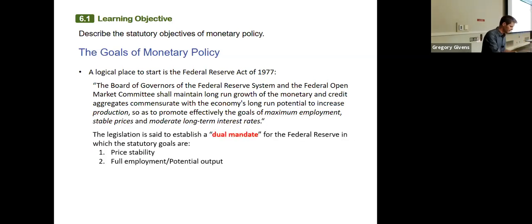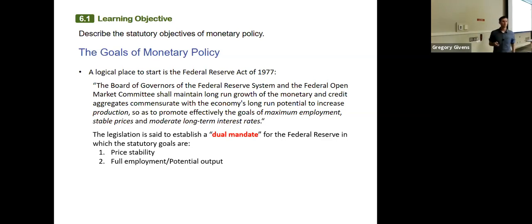What does this imply then? Well, it follows that this 1977 legislation, in my view, and I think in the view of most monetary economists, establishes what's called a dual mandate for the Federal Reserve. So even though there's four concepts that the legislation references, there's really only two long-run objectives.